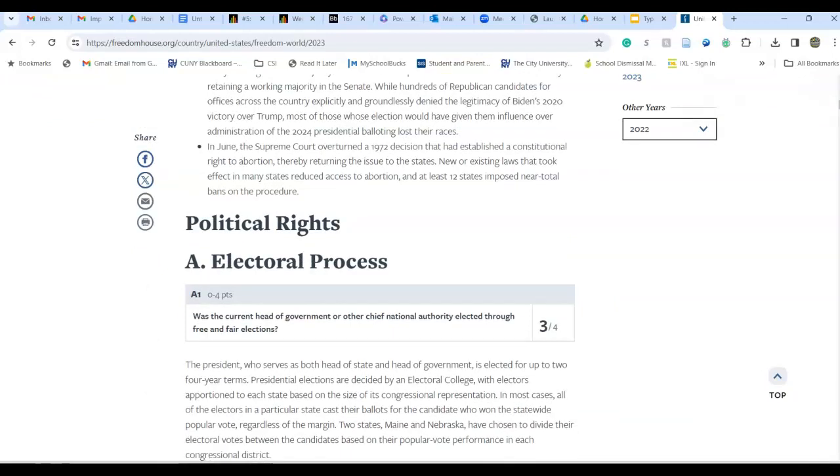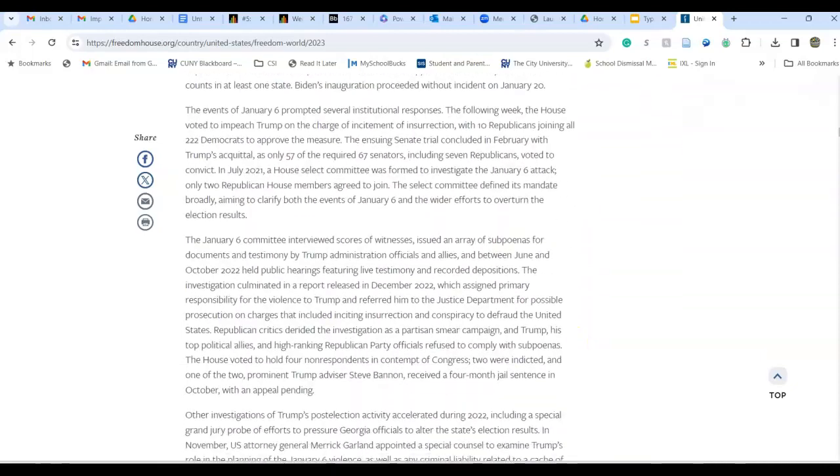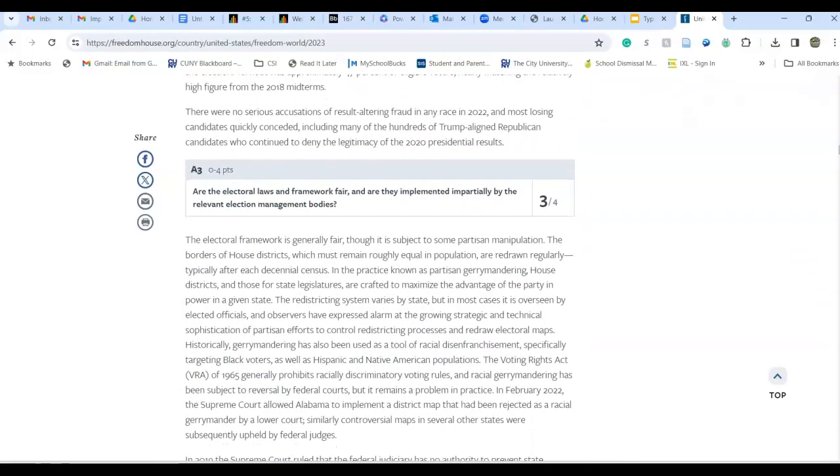For example, on the electoral process, because our head of government is not elected by direct elections, and there are some accusations as such, it gets only 3 out of 4 points. If you look at a question like, are the electoral laws and framework fair and implemented impartially by the relevant election management bodies? Again, our electoral college and the way that we elect our president knock some points off.